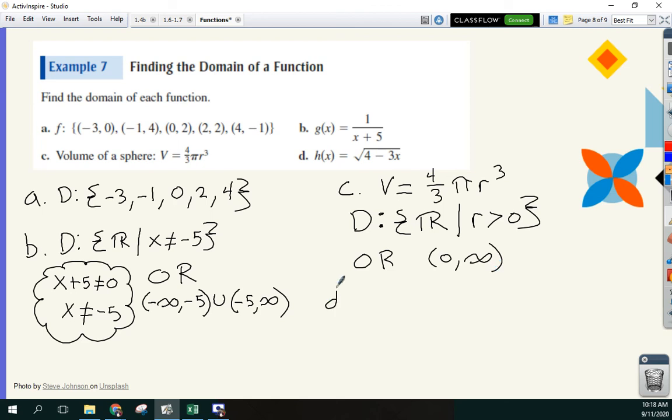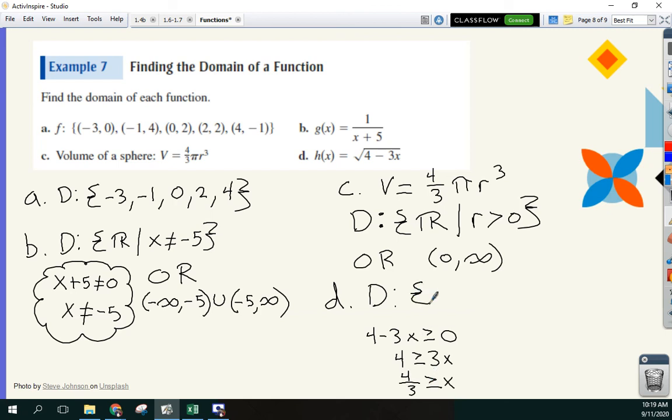And then lastly on D, remember with our square roots that everything inside of our square root has to be greater than or equal to 0. So in order to be able to figure out our restriction on x, we would need to solve that inequality. So I get that x has to be less than or equal to 4/3.